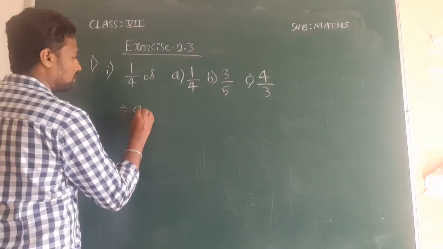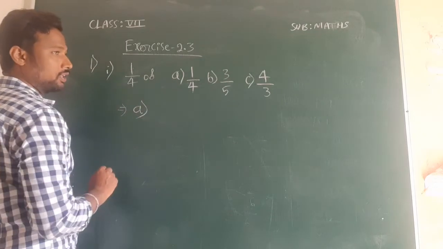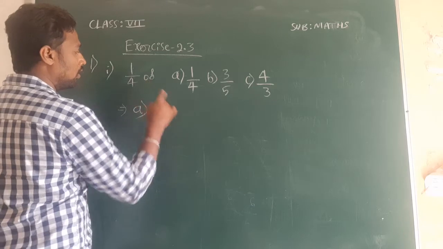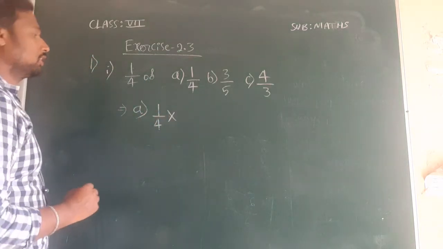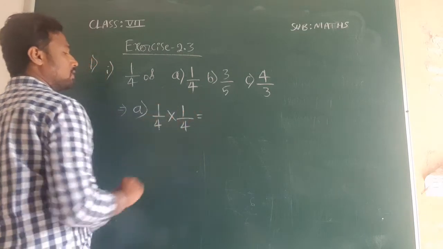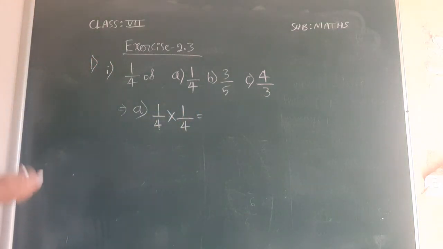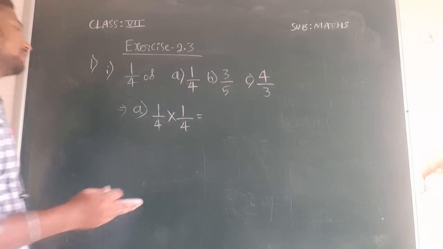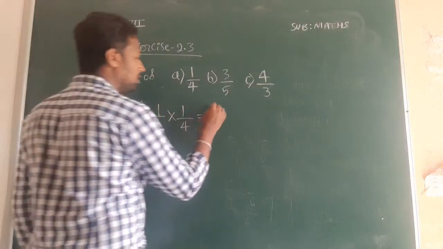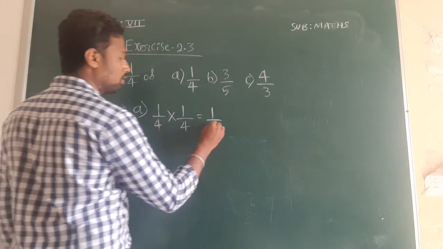Okay, so here the answer for question A. 1 by 4 of means I will consider it as multiplication. 1 by 4 of 1 divided by 4. So now you can see, first you have to multiply the numerator, then the denominator. So here 1 into 1 means 1, and here 4 into 4, 16.